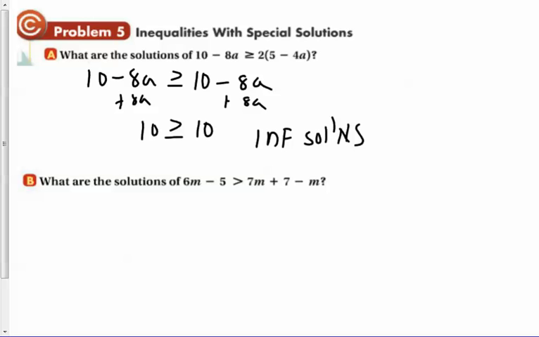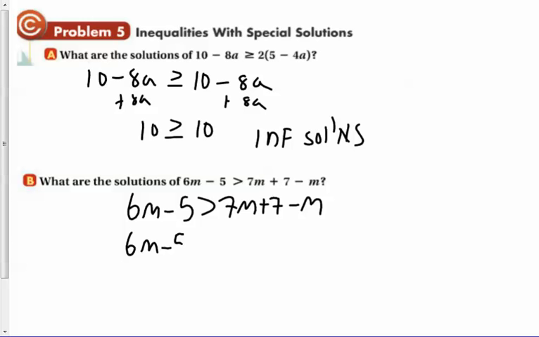Okay, looking at this one, you've got 6m minus 5 is greater than 7m plus 7 minus m. Oh, by the way, the reason why the last one has infinite solutions is because the variables drop out and 10 is equal to 10. For this one, I combine the 7m and the minus m, so I get 6m plus 7.